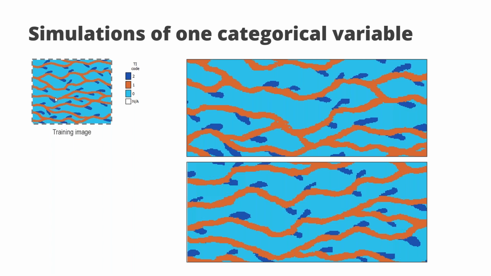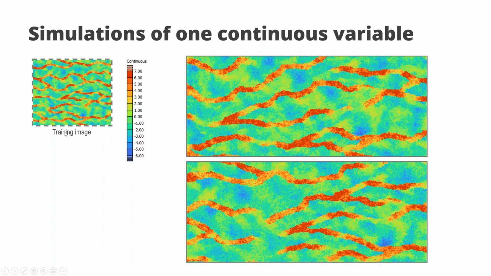So we have, for example, the training image here, and 2 possible simulations that we can obtain without any option from only this training image. We can also do this simulation with a continuous variable only. So we have the training image like previously, and we can obtain this type of simulation.